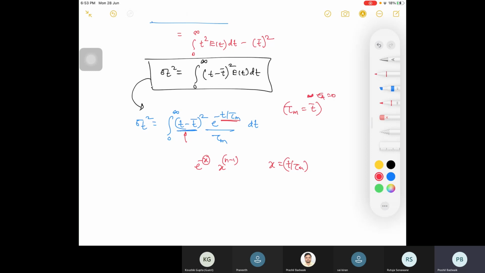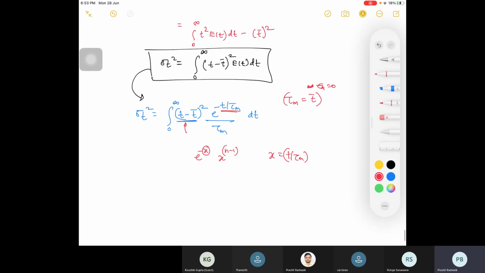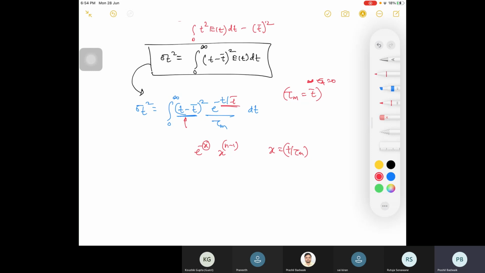I am writing here, so you can use it interchangeably. Here I am writing t mean. You just write t mean. Okay. So what will you do? You need to have x here, t by tau m.